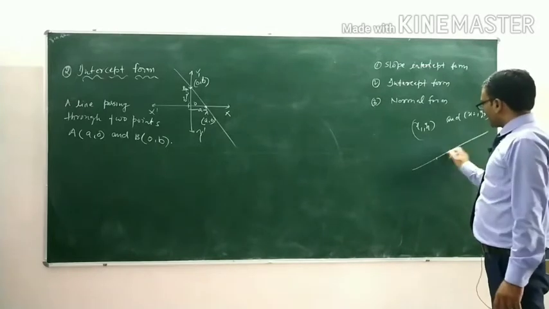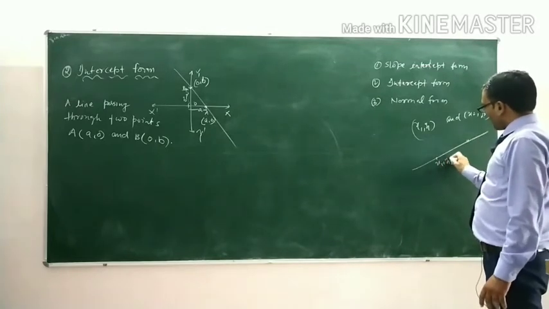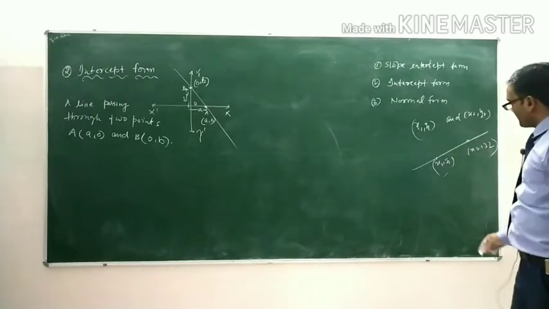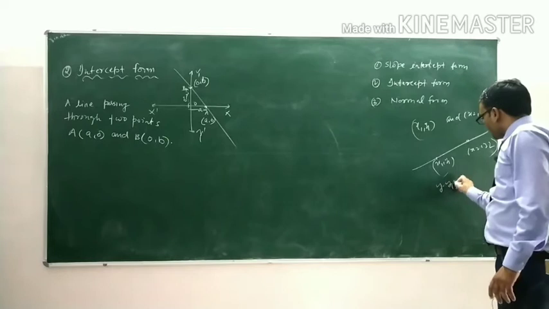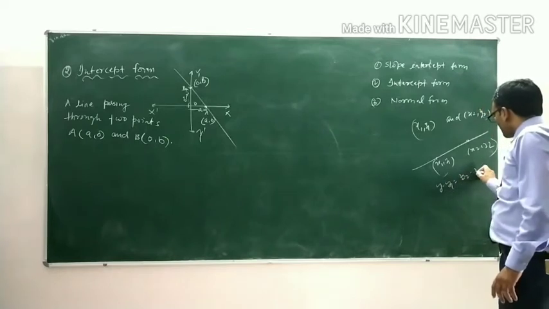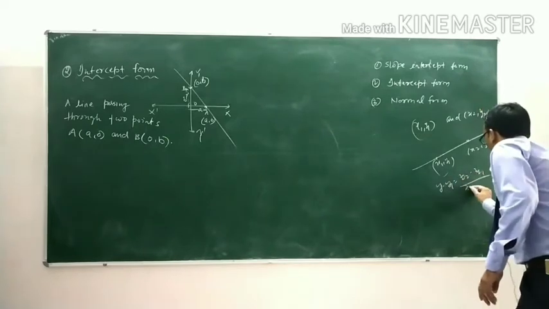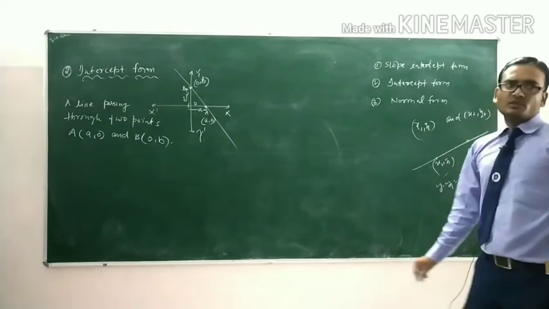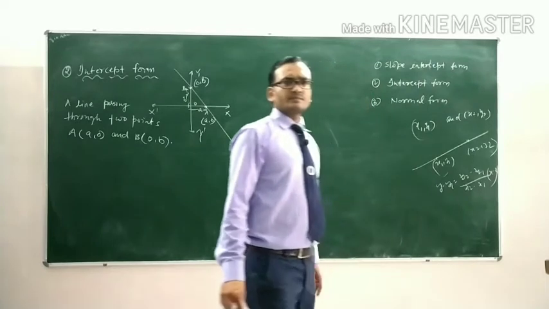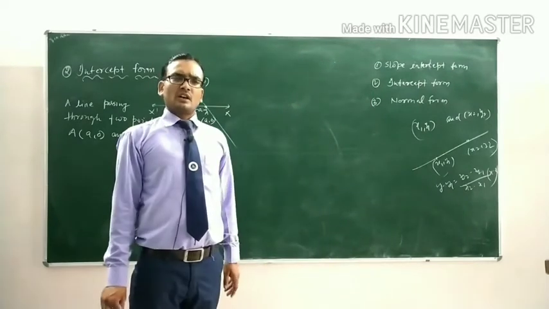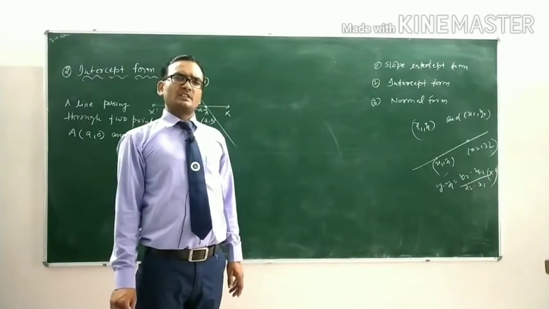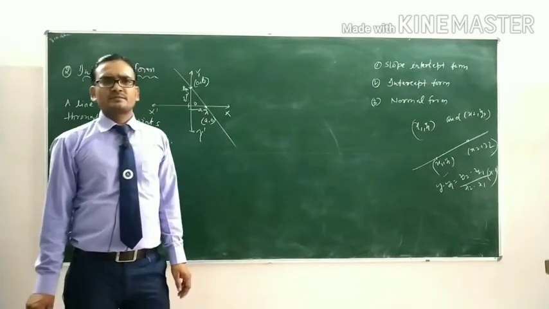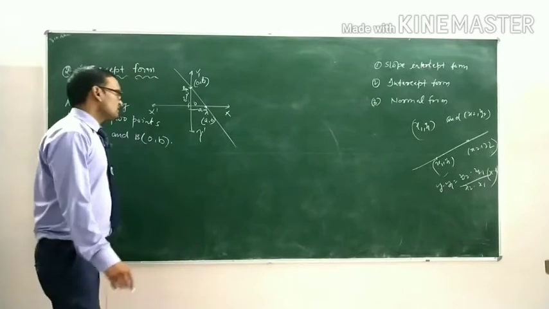Then the equation of the line is y minus y1 equal to y2 minus y1 upon x2 minus x1 into x minus x1. Okay students, you have already studied this in the previous lecture.